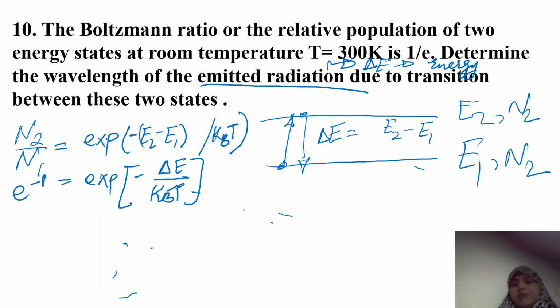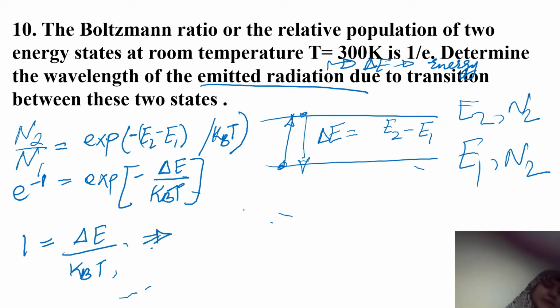Now what do I have to do? We just equate the exponents. That is 1 is equal to delta E by kBT. That implies that delta E is equal to kBT.